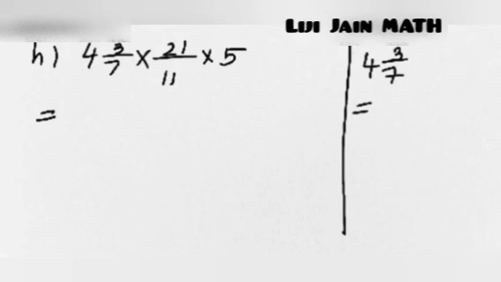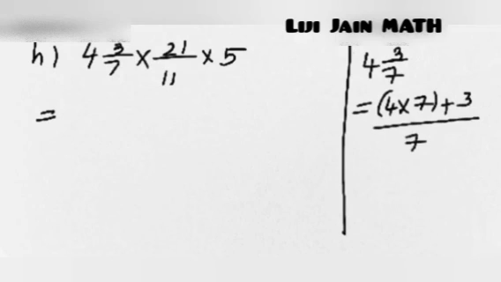How to convert this? 4 into 7, whole number into denominator 7, isn't it? Whole number into denominator plus numerator 3, whole divided by denominator 7. What is it? 4 sevens are? Yes, 28. 28 plus 3, 31. 31 by 7, isn't it?